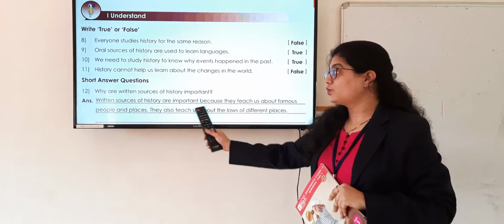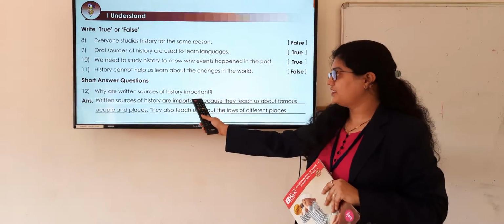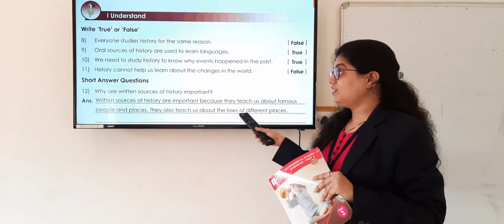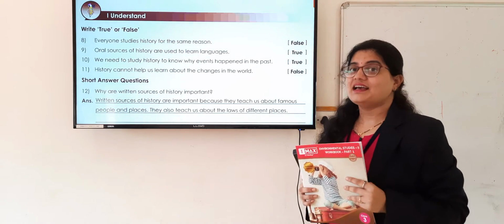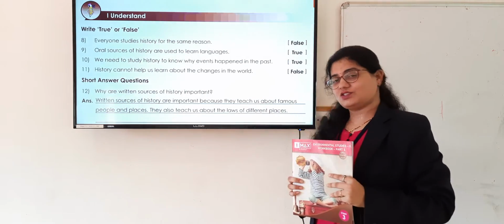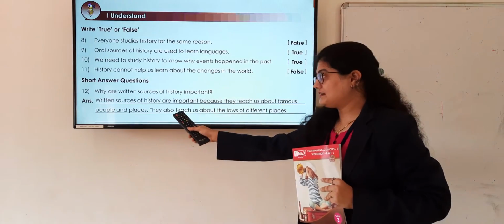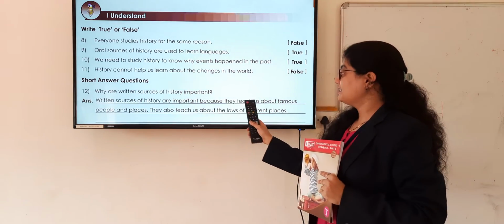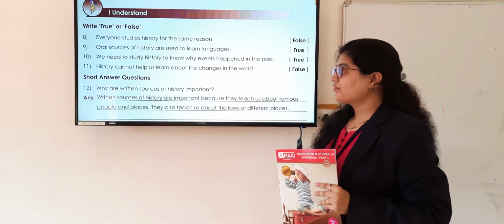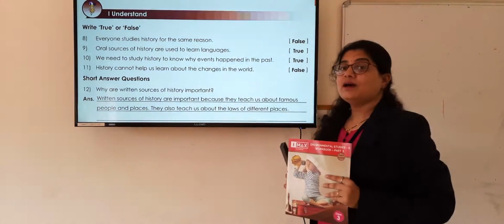Question number 12. That is, why are written sources of history important? Do you know that the sources are history? They are very much important for us as they give us more information about past events. Alright. So now let us read. Written sources of history are important because they teach us about famous people and places, and they also teach us about the laws of different places.